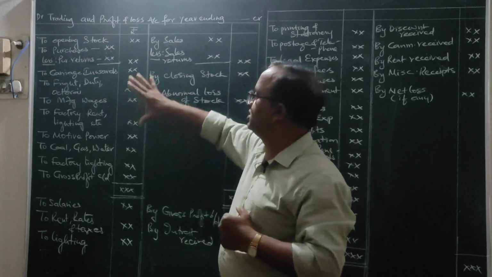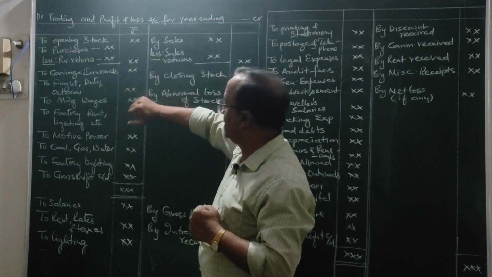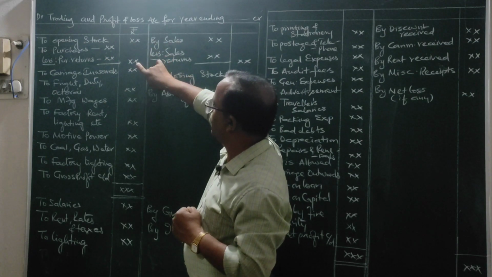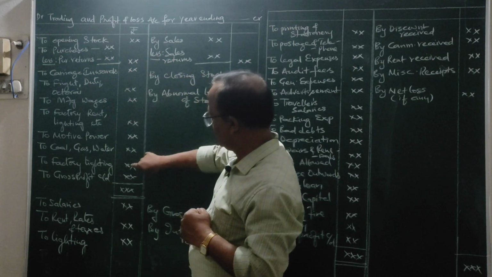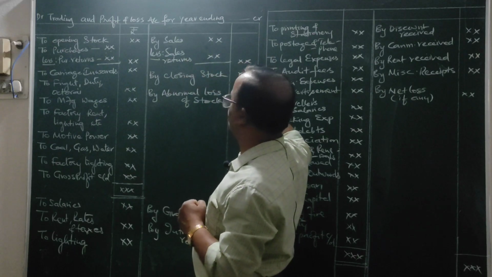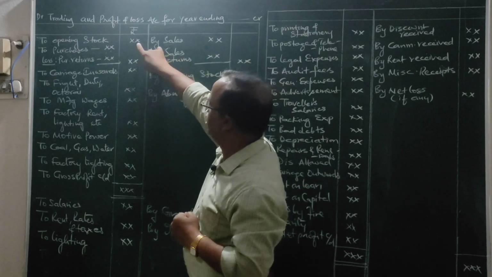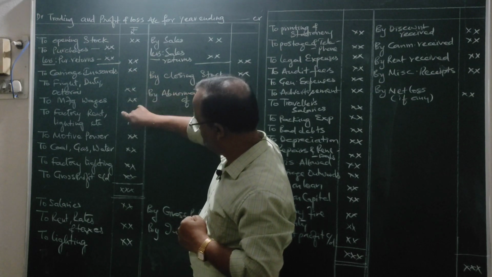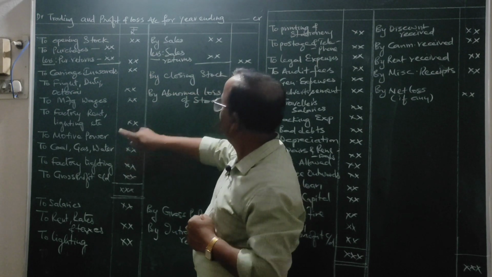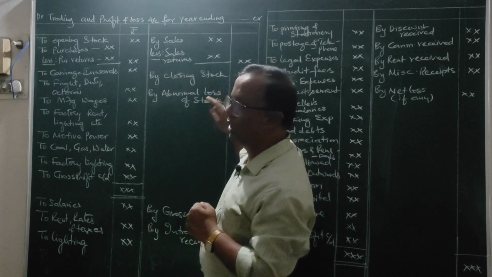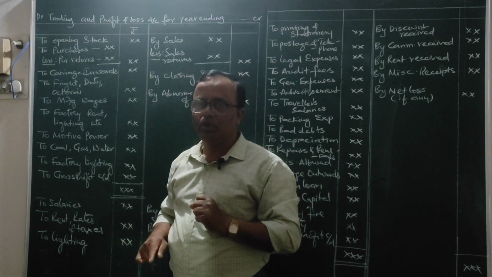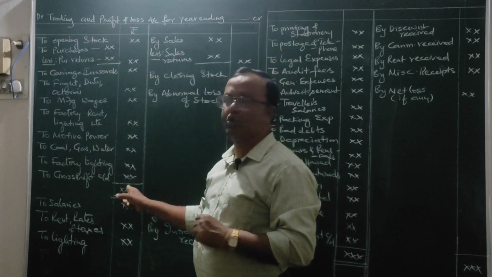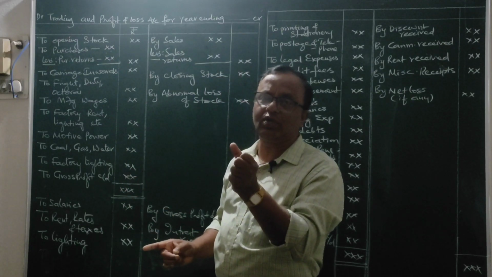Cost of goods sold is equal to opening stock plus purchases plus direct expenses less closing stock. That means opening stock plus purchases plus direct expenses, meaning all expenses which are debited here, less closing stock, gives you the cost of goods sold. Then sales minus cost of goods sold gives you gross profit.